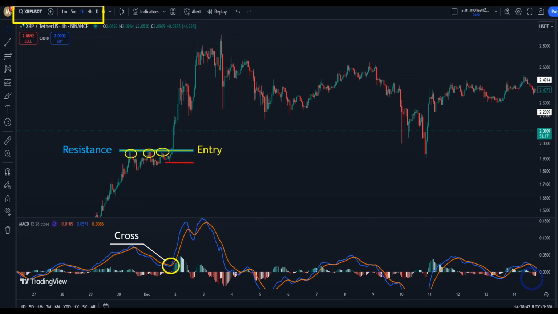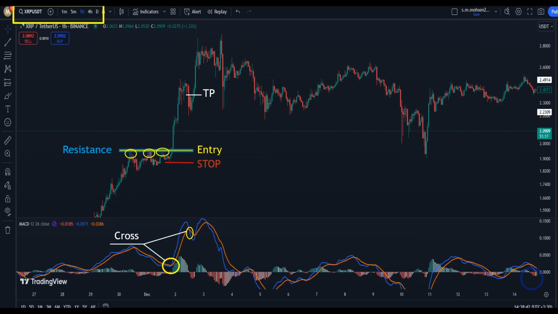When the MACD enters a bullish trend again and the long signal is clearly visible, this becomes the best point to enter the trade. At this stage, by determining the entry point and a stop loss, we can set the target based on when the MACD line, the signal line, and the MACD histogram cross each other again. This crossover serves as a signal to exit the trade.